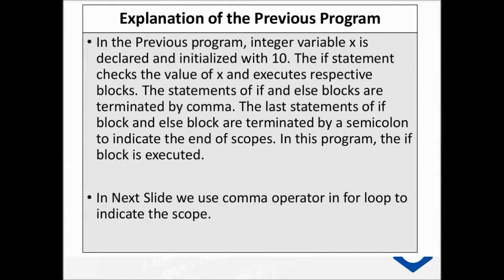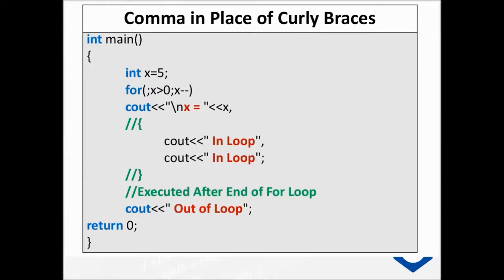Now similarly, we see how we use the comma operator in loops. In this program, first of all, we initialize an integer variable x with the value 5. After that, we start our for loop body.